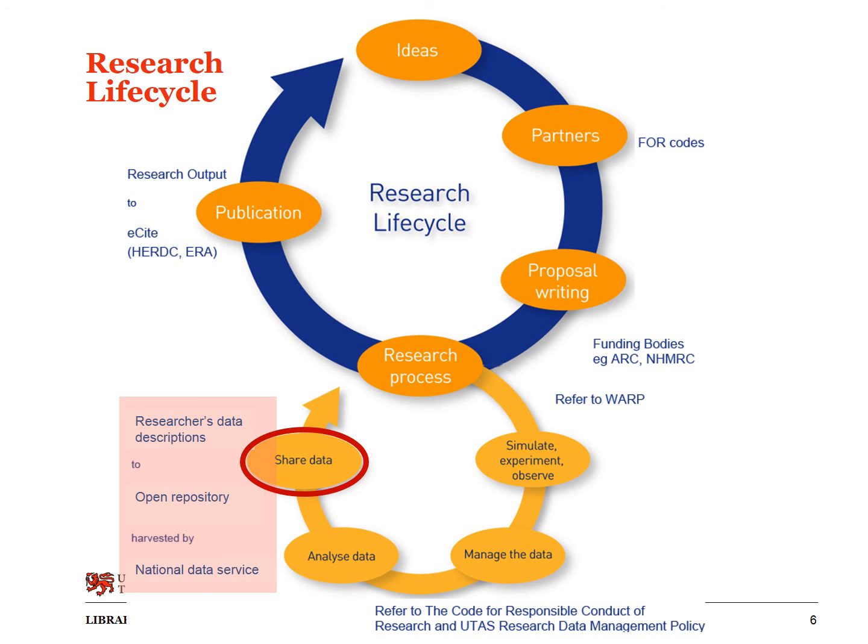So this is where this presentation comes in. And sharing the data consists of the researcher describing the data and publishing this data description into an open repository, and this information can then be picked up by national data surveys and by web search engines such as Google.